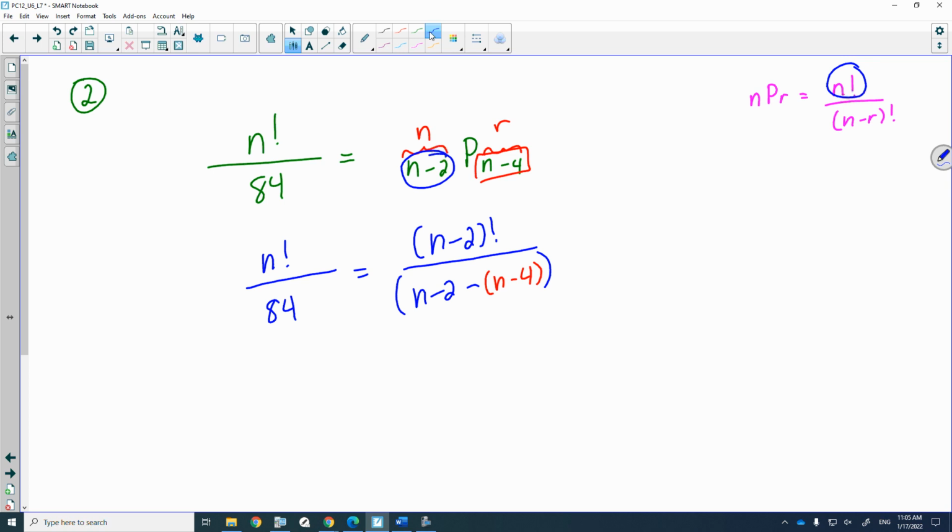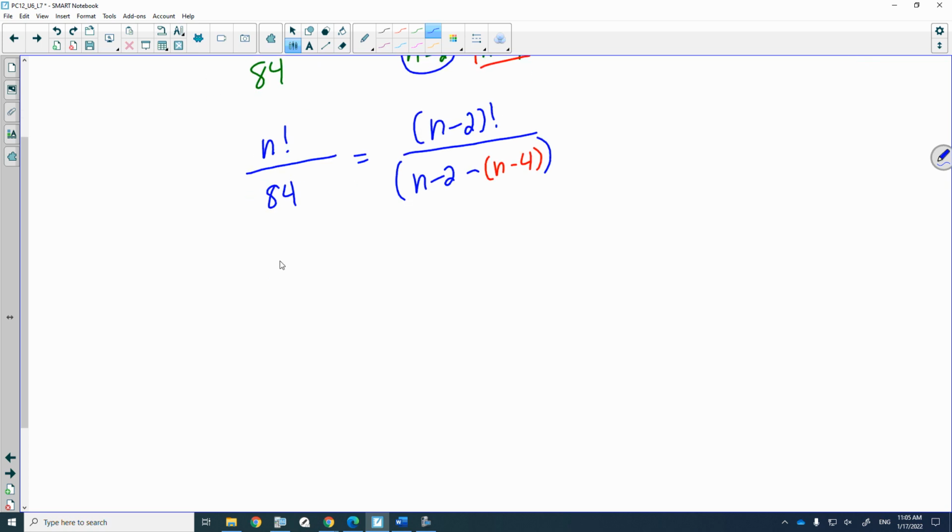All right, now we could clean up the right-hand side. So on the left-hand side, I have n factorial over 84 is equal to n minus 2 factorial all over n minus 2 minus n, plus 4 here. n minus n would cancel, and I'd be left with negative 2 plus 4, which is 2.